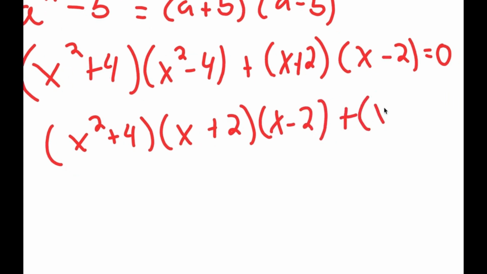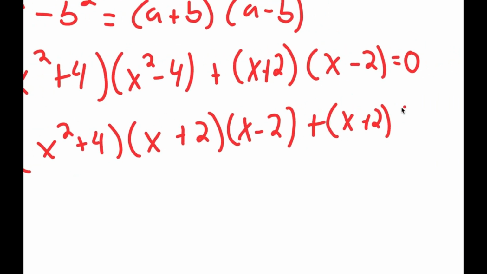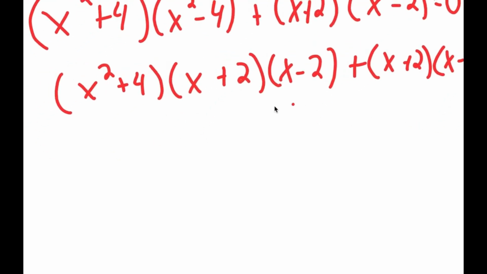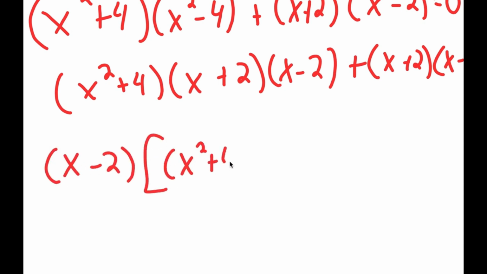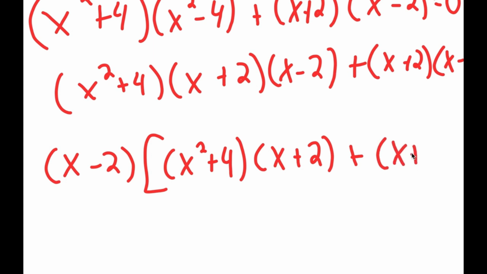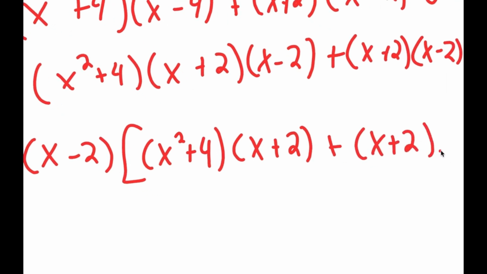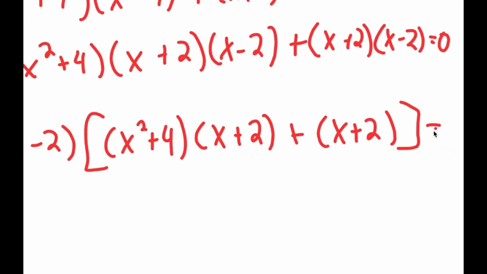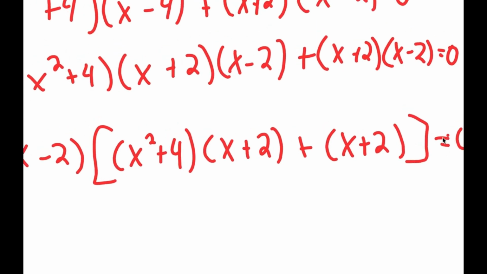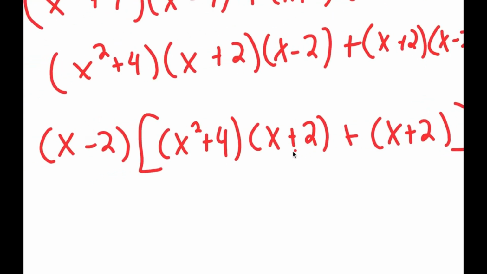And I have this plus x plus 2 times x minus 2 is equal to 0. Now I'm going to factor out x minus 2, so I get x minus 2 times x squared plus 4 times x plus 2 plus x plus 2, which is equal to 0. And notice how we can also factor out x plus 2 as well.